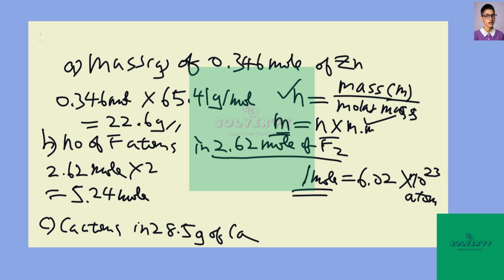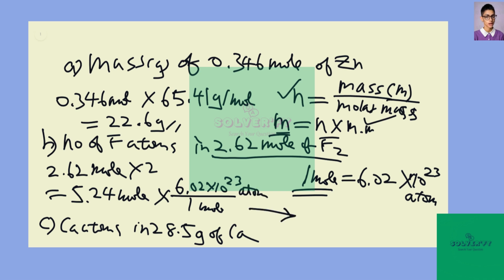Then we apply our conversion factor. For each mole, we have 6.02 times 10 to the power of 23 atoms. Therefore, we multiply our number of moles of atoms by the Avogadro number divided by 1 mole.